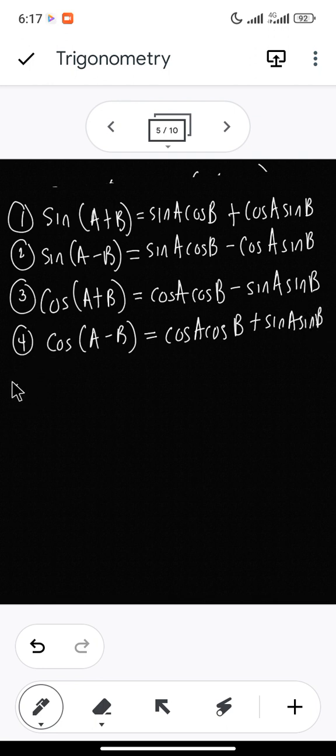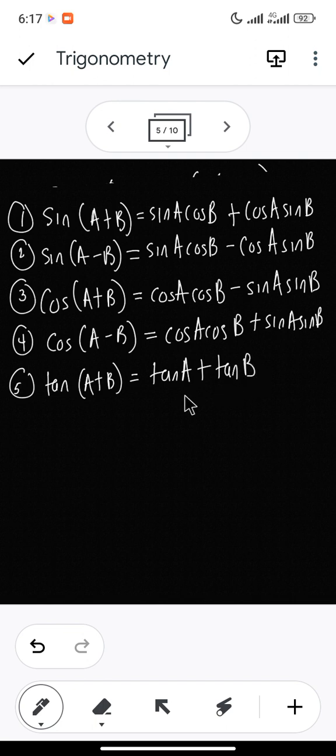Now the fifth is for tan. So tan A plus B gives you tan A plus tan B over 1 minus tan A tan B. So when we start solving some examples, you understand how this formula works.